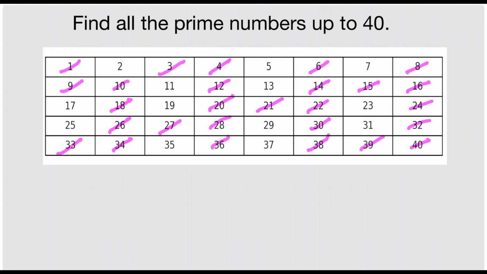So those numbers are covered there. They're already marked out. So we've done 3's. Now 4's we don't need to do because they're already covered by the 2's.